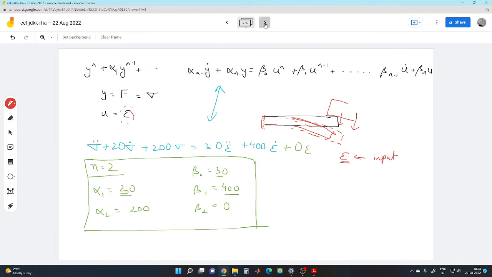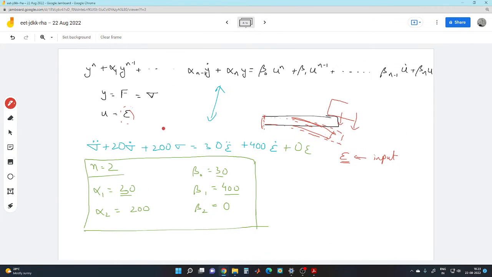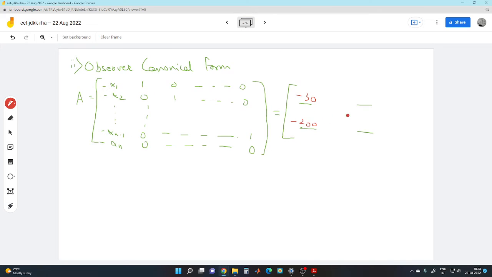Alpha 2 is 200, so we can write it directly as minus 200. Then, if we see here, this value will be 1 and the bottom one will be 0. So this is the A matrix.